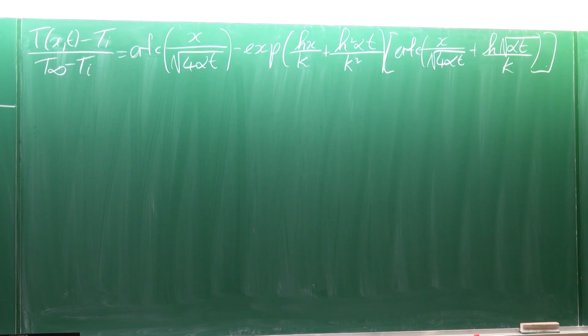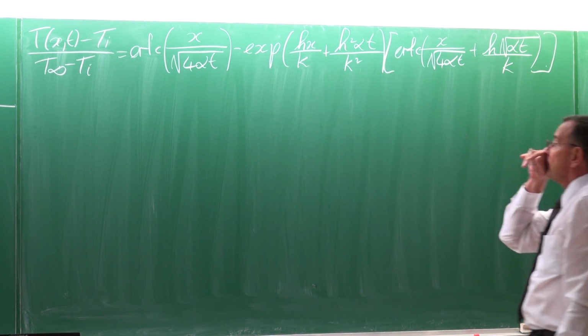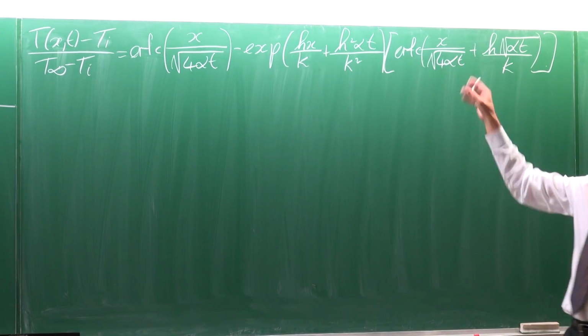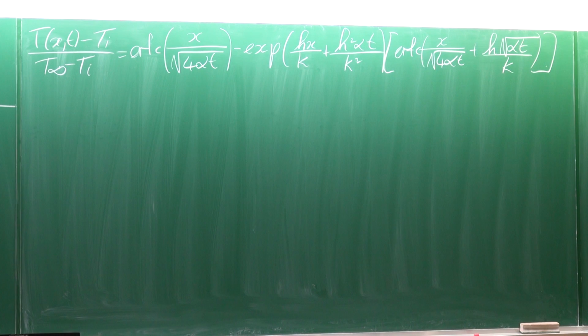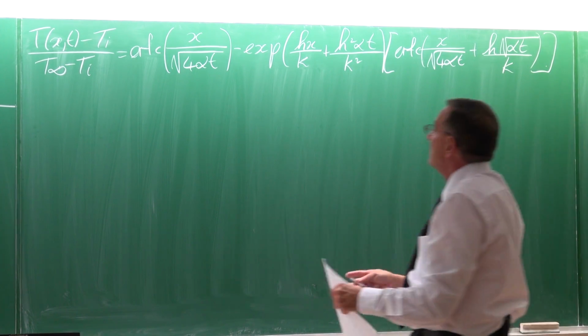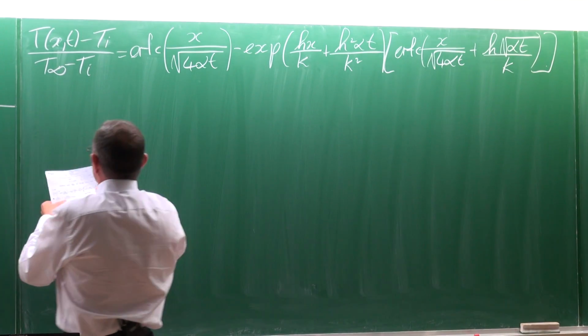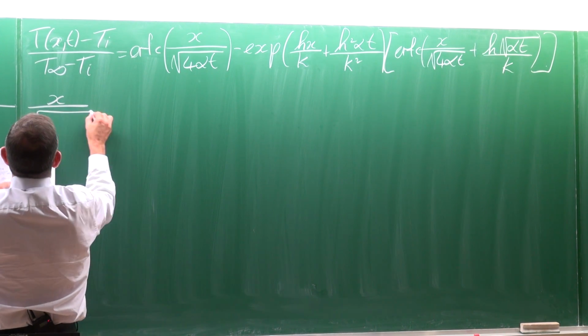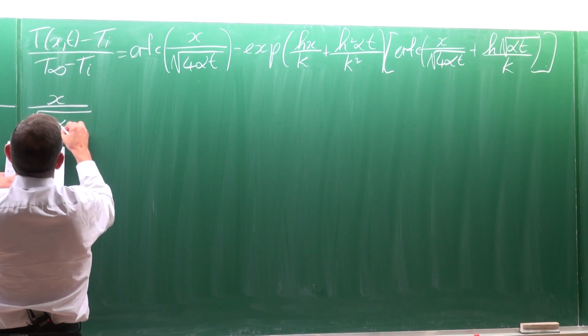Okay. Now the best advice I can give you is to go and calculate these terms first before the substitution. So let's look firstly at x divided by the square root of 4 times alpha t.